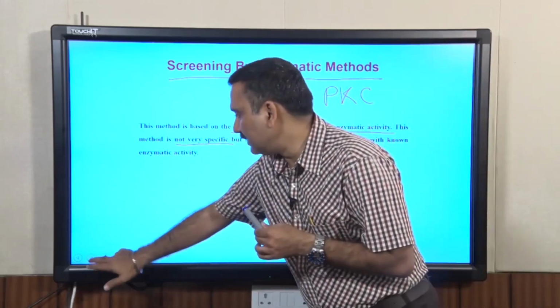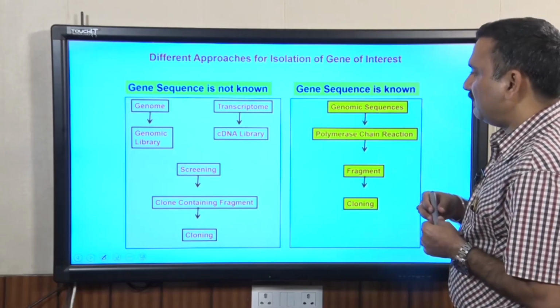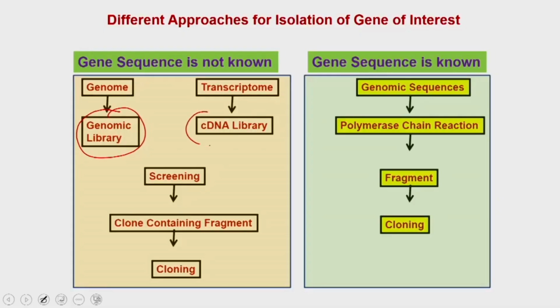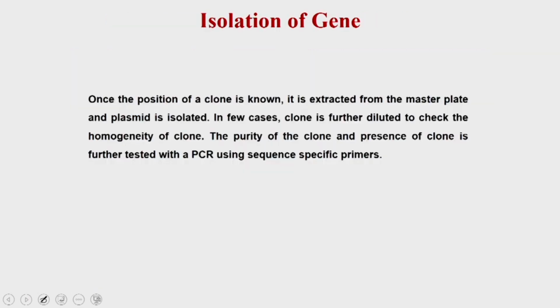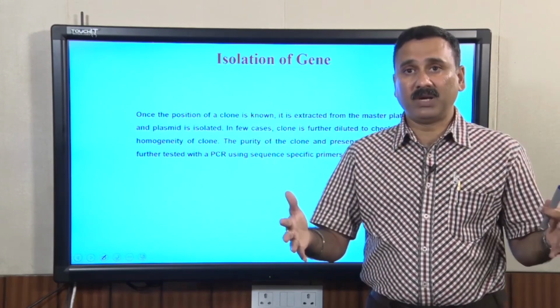So at the end of the screening of the genomic library or the cDNA library, what are you going to get? You are going to get a set of clones which contain your fragments. It is always important to remember that you are not going to get a single clone, you are going to get multiple clones.